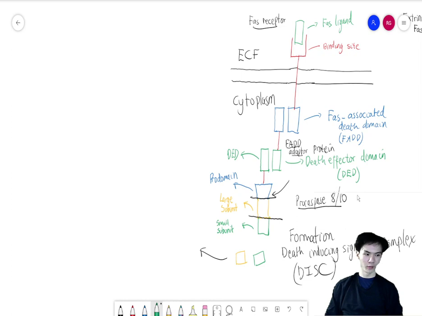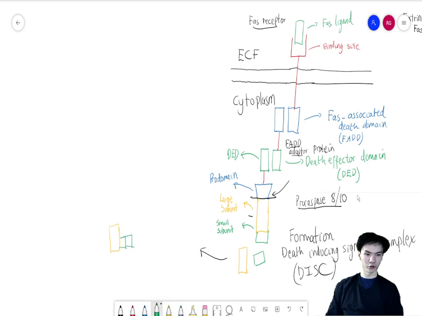When I say large subunit, I should actually draw it a bit larger, shouldn't I? So I'll draw a larger subunit, and a smaller subunit, just to make clear it is indeed a large subunit. Your large subunits and your small subunits are going to dimerize. So in fact, you're going to get two large subunits and two small subunits joining to form a dimer.